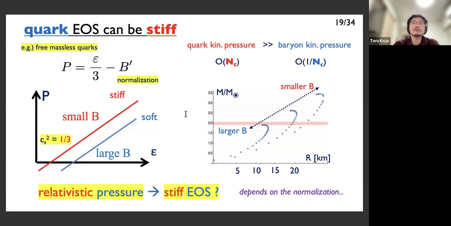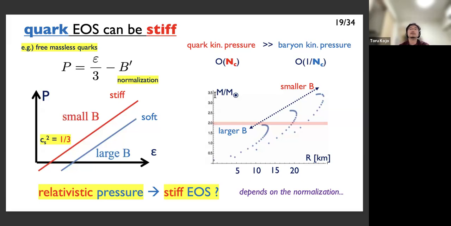Even though the quark equation of state has the ability to generate a stiff equation of state, depending on our choice of normalization constant, it can be either stiff or soft. If we choose a sufficiently small bag constant, or normalization constant, the maximum mass can be as large as 3 solar masses, even without any interaction. That is an example of why the quark matter equation of state may be regarded as stiff.